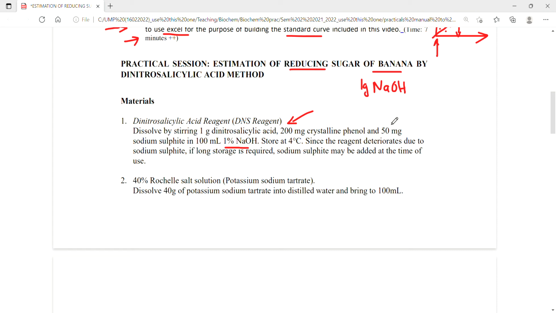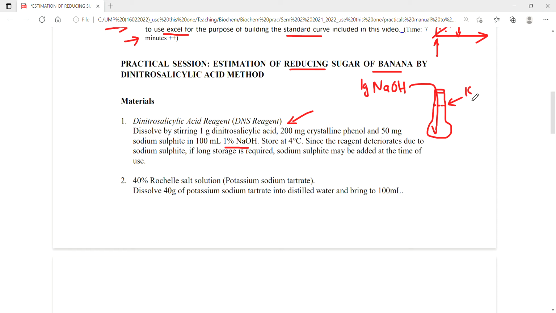Then you take a volumetric flask. I hope you know what a volumetric flask is. Bring the solute inside. There will be a meniscus or graduation line that indicates the level.